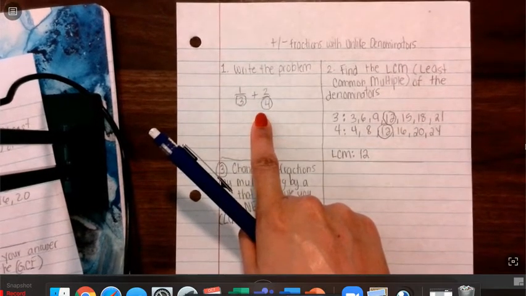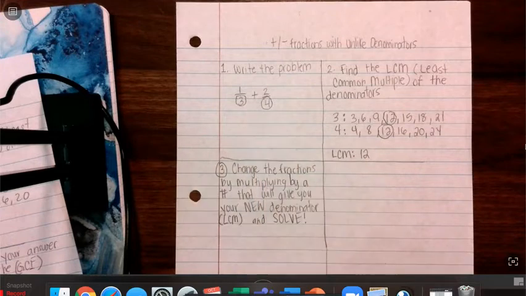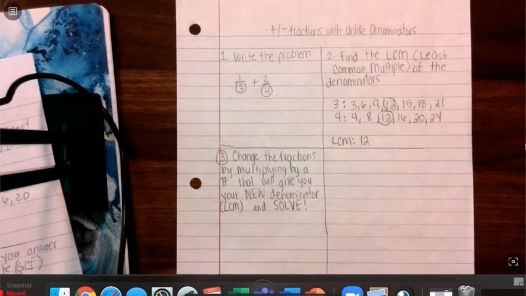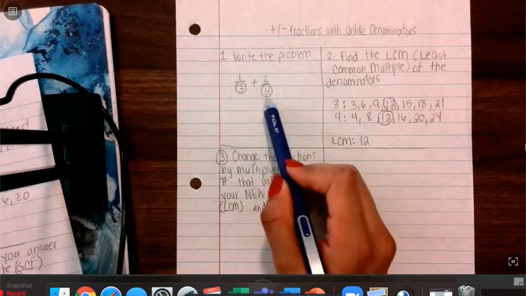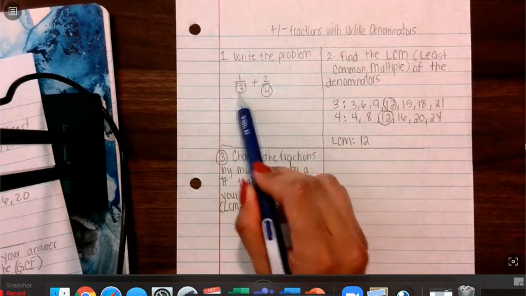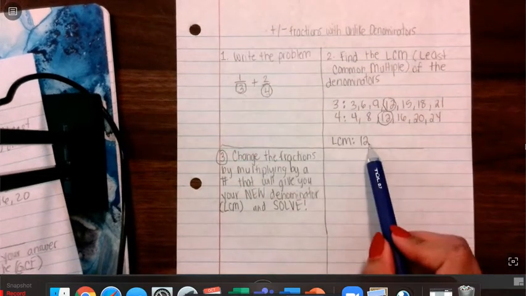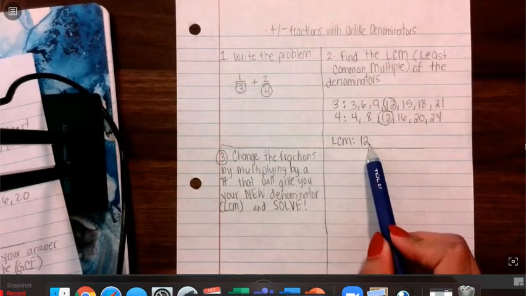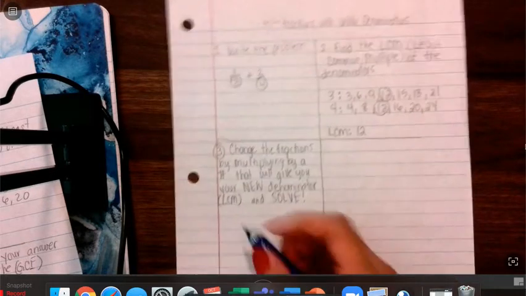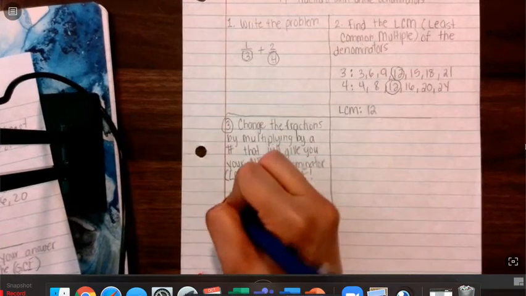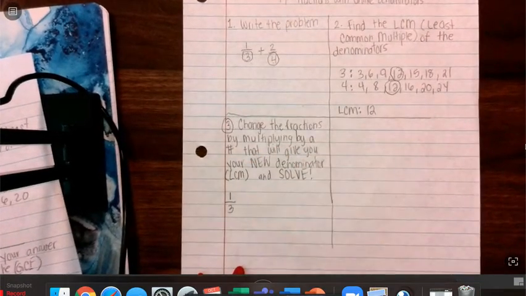So the first step, we're going to have to change 1/3 and 2/4 because neither of these fractions have 12 as the denominator. So we're going to have to change both fractions. So let me set them up. I'm going to change 1/3. I'm going to change 2/4.